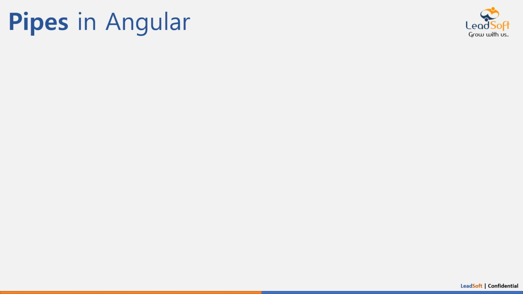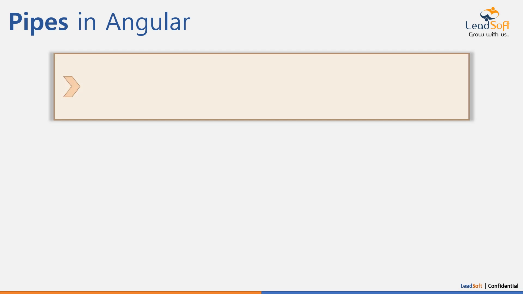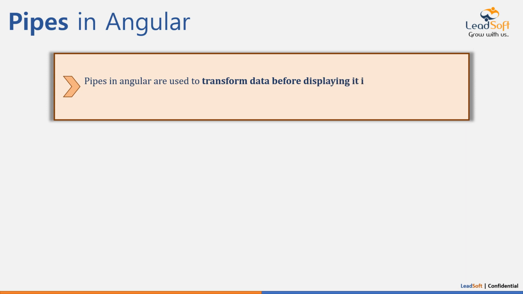In this video lecture, we are going to understand what pipes are, in which scenarios pipes are used, and how to use them. Pipes in Angular are used to transform the data before displaying it in the view.